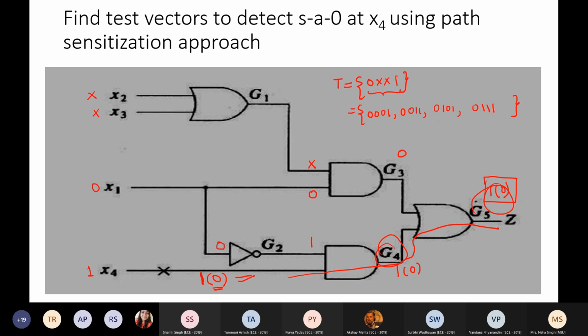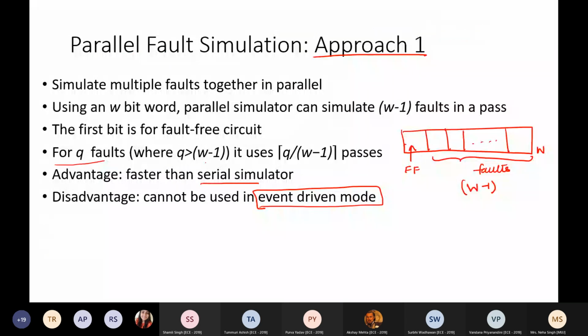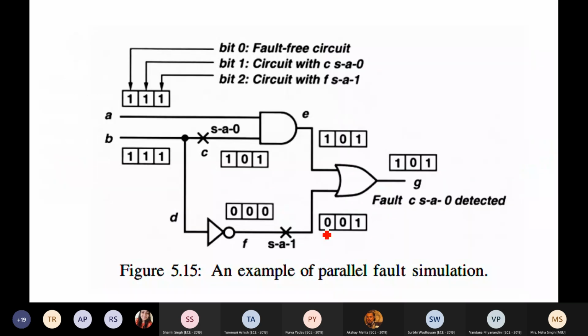So serial and parallel fault simulators, they cannot work for event driven mode. उन्हें तो पूरा सर्किट ही रन कराना होता है. ठीक है. For example, this is a given circuit. एक AND gate है, एक NOT gate है, एक OR gate है. Fine.